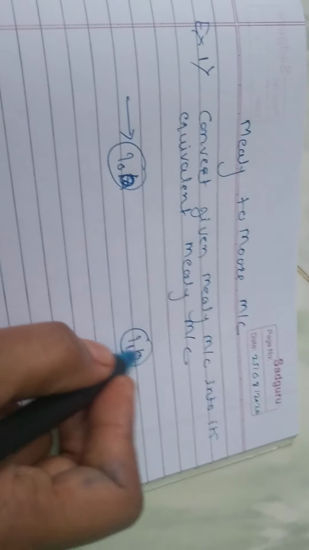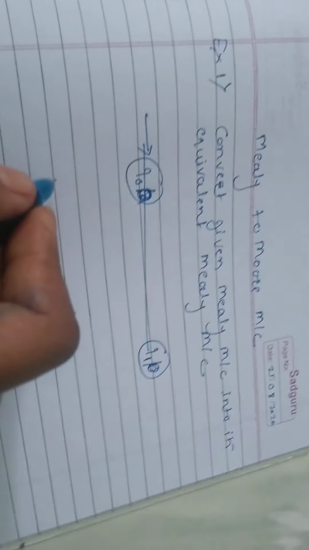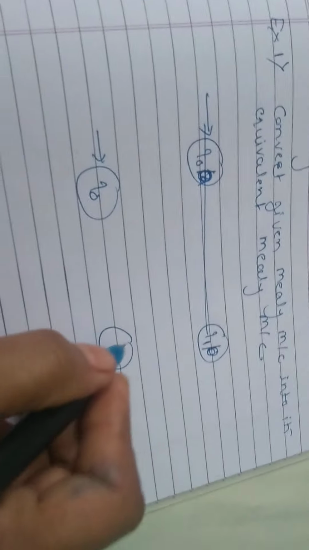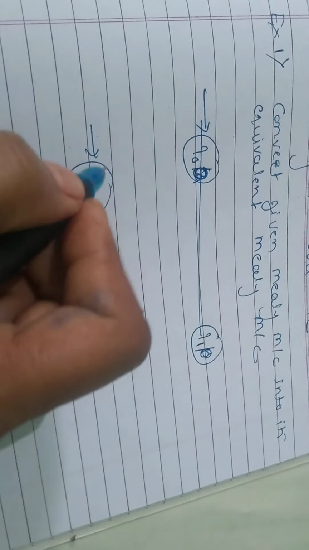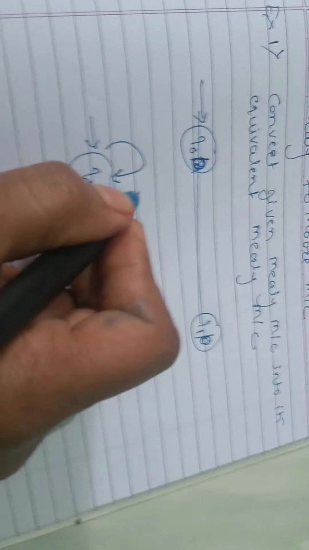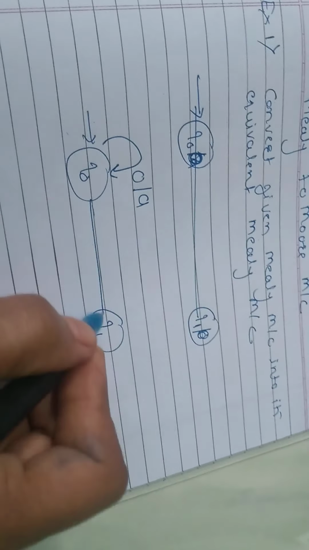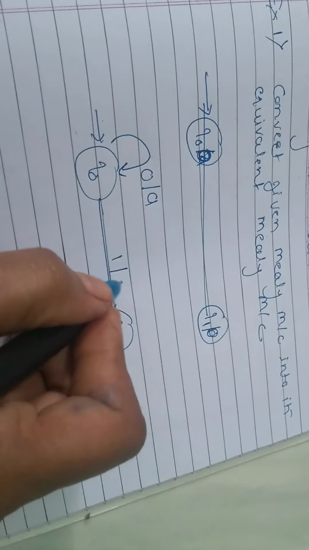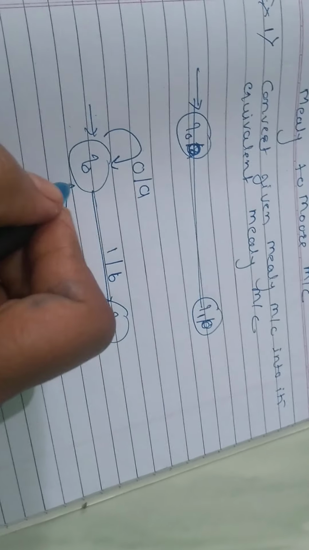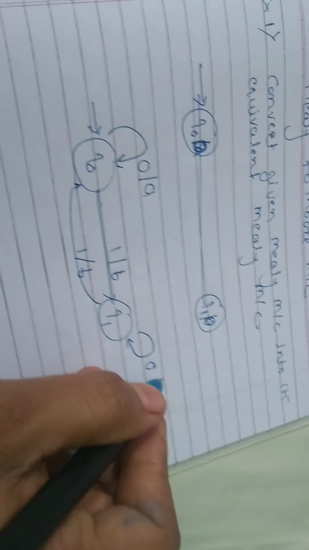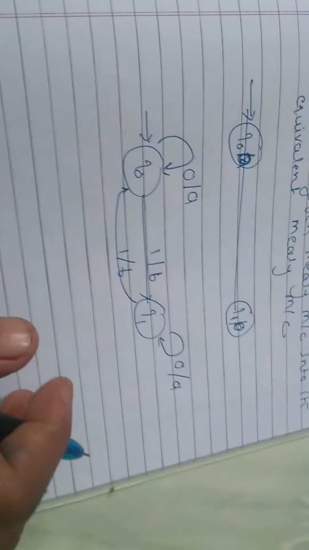The transitions are 0 oblique A, 1 oblique B, 1 oblique B, 0 oblique A. Okay, this is the transition diagram of the given Mealy machine.